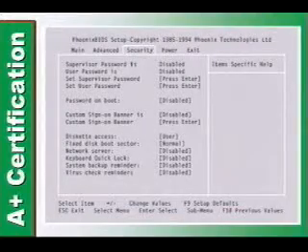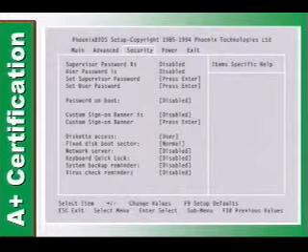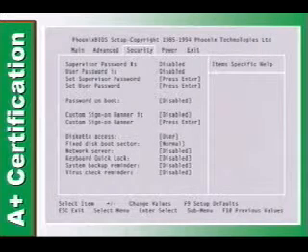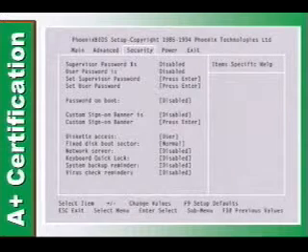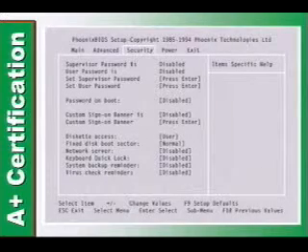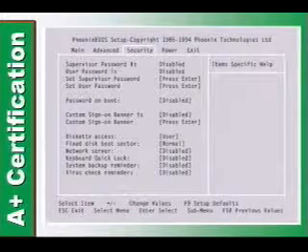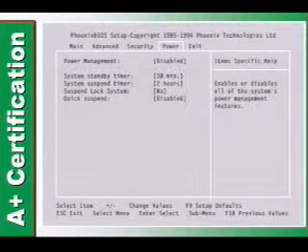The custom sign-on banner, that is pretty much to your preference, pretty much not important right there, and what kind of access that you have to the different diskettes that you have on your computer. Now, moving forward to the Power tab.